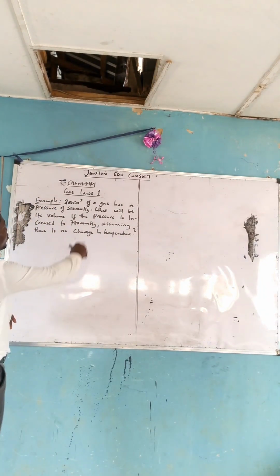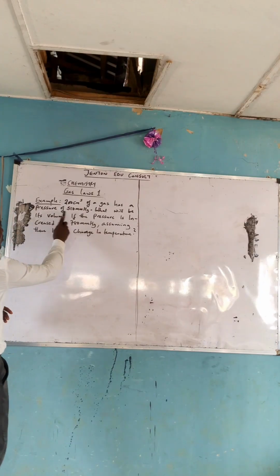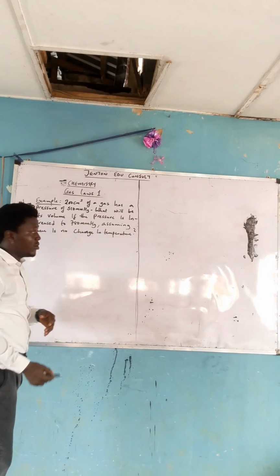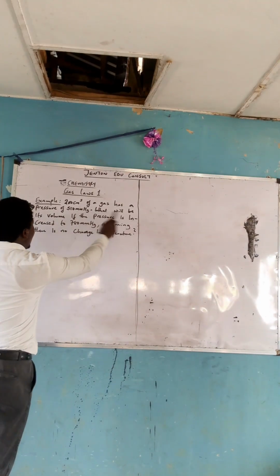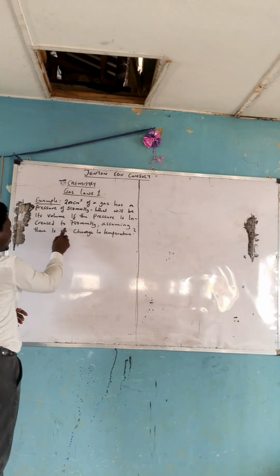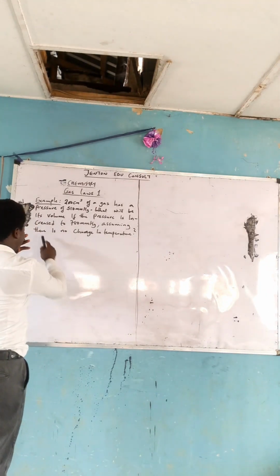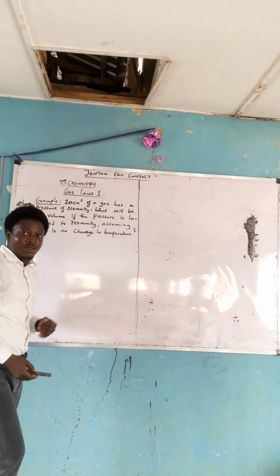Now we have a question on the board for today. It says: 200 centimeter cube of a gas has a pressure of 510 millimeter mercury. What will be its volume if the pressure is increased to 780 millimeter mercury, assuming there is no change in temperature?